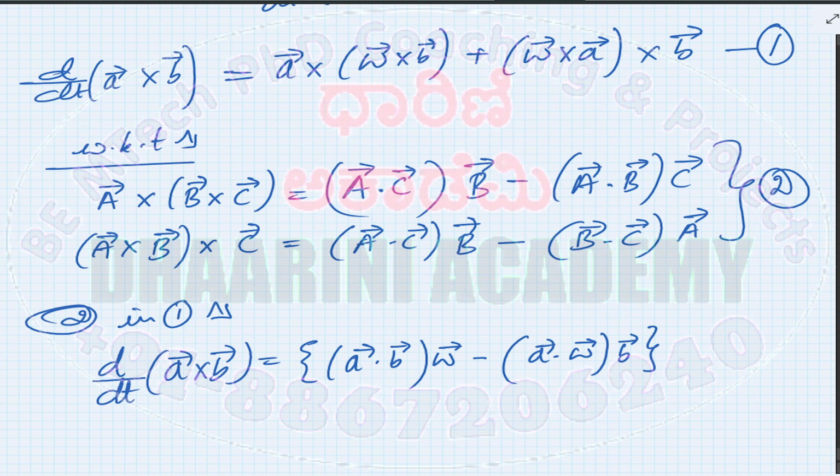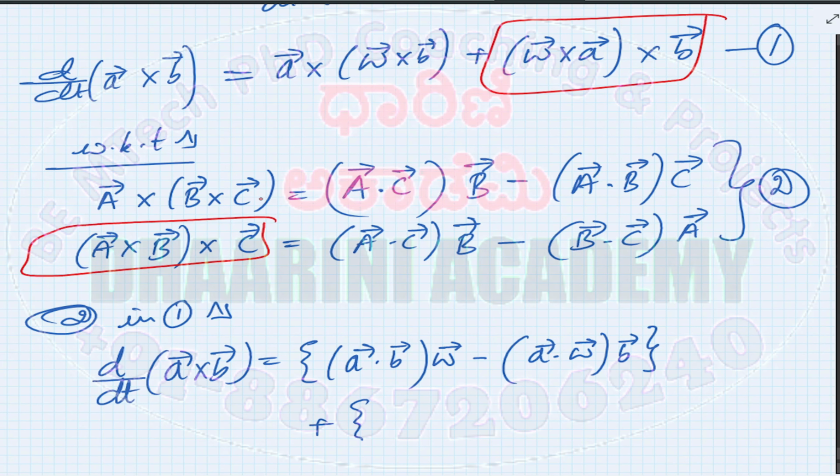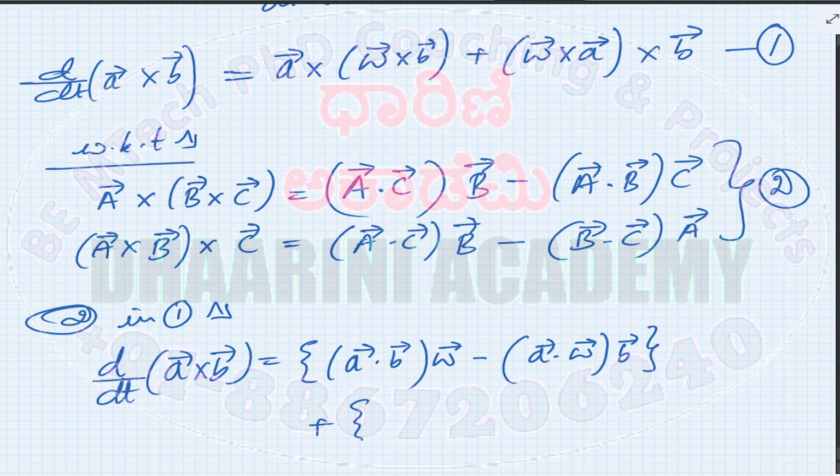Then I have the second term coming up, that is plus, we'll write another bracket. This part looks like this form, so A is W vector, B is A vector, C is B vector. I have to make those changes when I write this particular term.